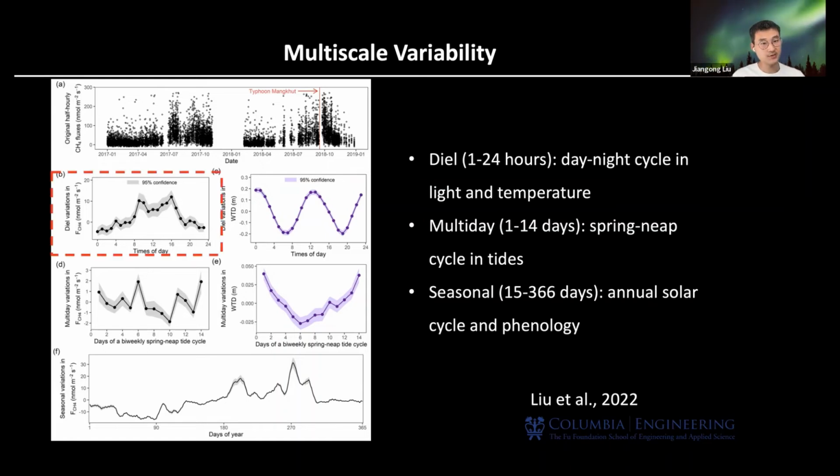This figure shows the diurnal signal of the methane time series aggregated on different times of the day, this shows the multi-day variation in methane aggregated on the days of the biweekly cycle, and this is the seasonal variation in methane.